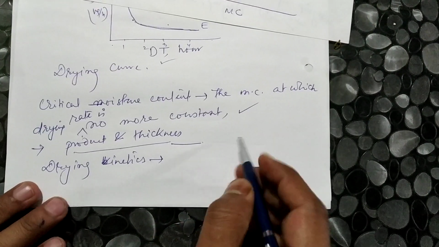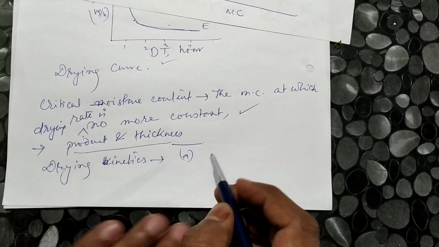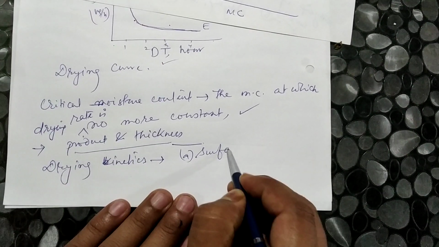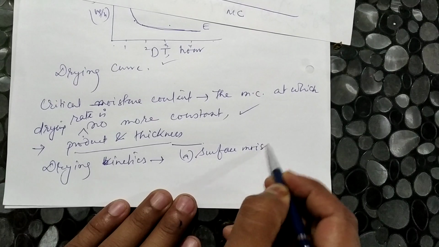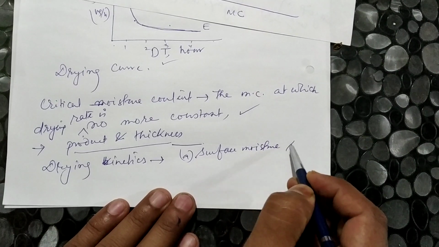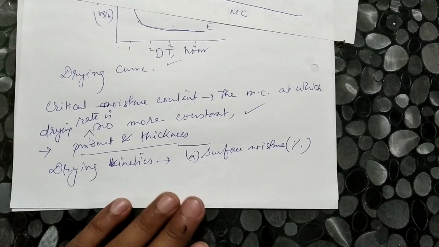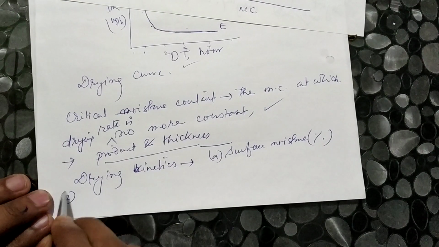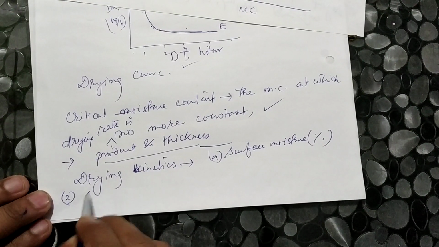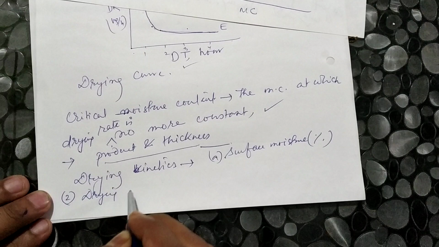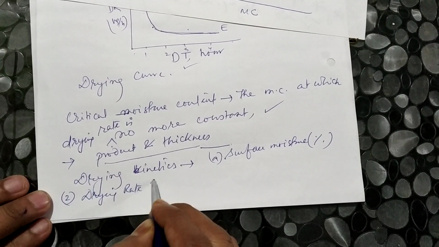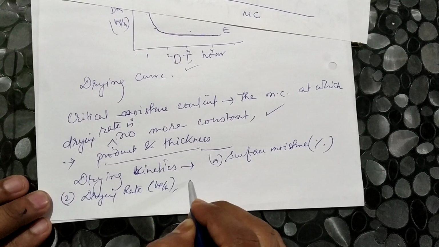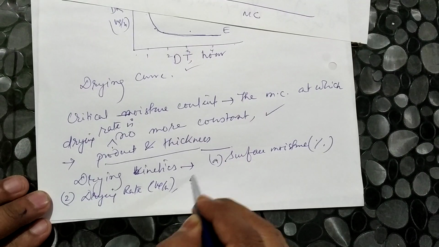These parameters are, number 1, the surface moisture in percentage, number 2, the drying rate which is kg per hour, and number 3, thickness in centimeter.